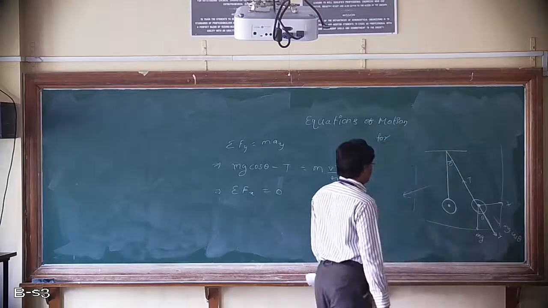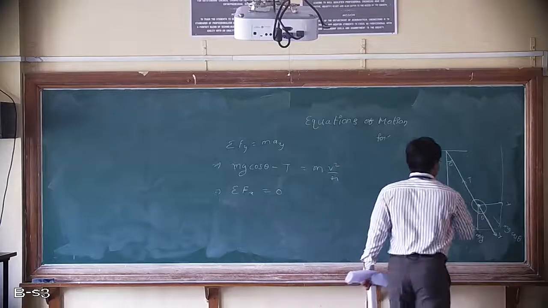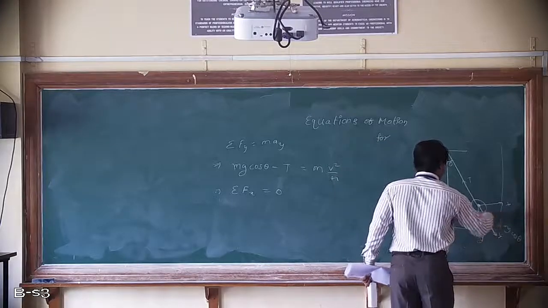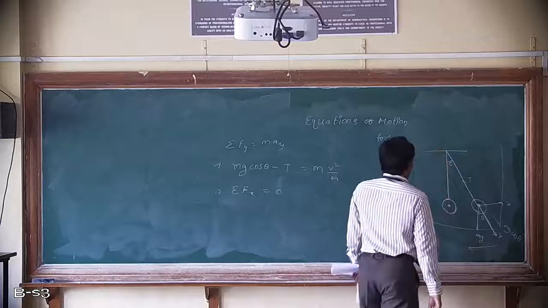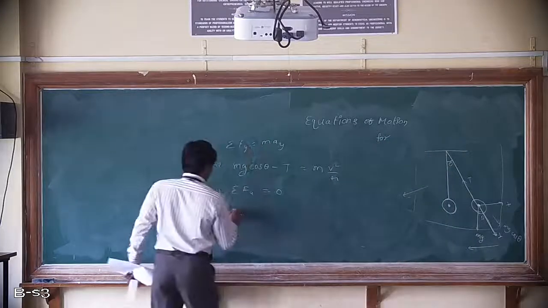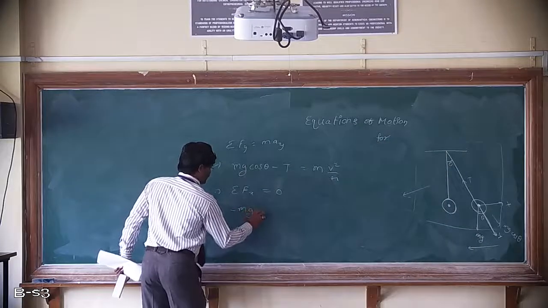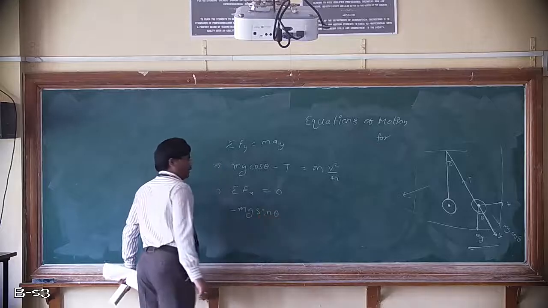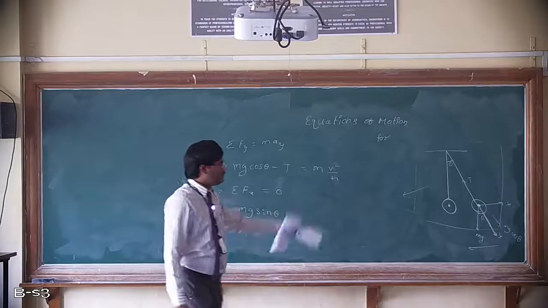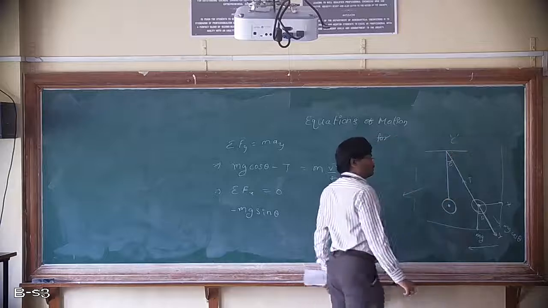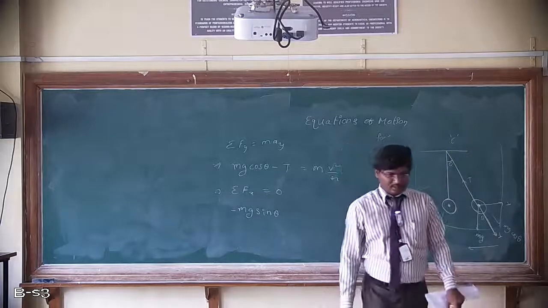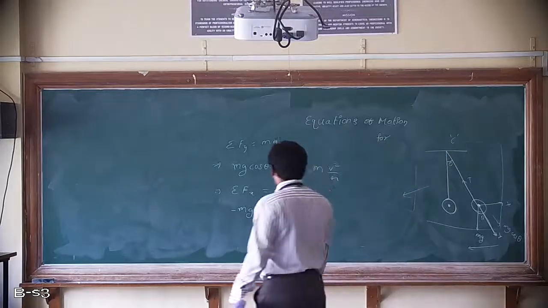So taking mg sin theta in this direction, we get minus mg sin theta. Already yesterday we discussed that we are assuming some damping coefficient C.